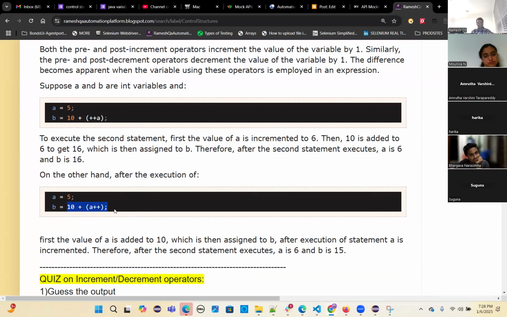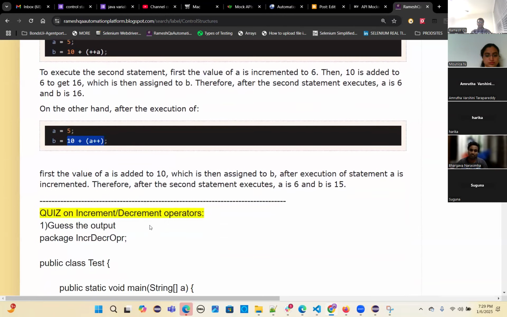That's the post-increment: first complete the operation, then increment. Pre-increment means increment first, and that incremented value participates in the expression calculation. That is the difference between pre-increment and post-increment. Clear?